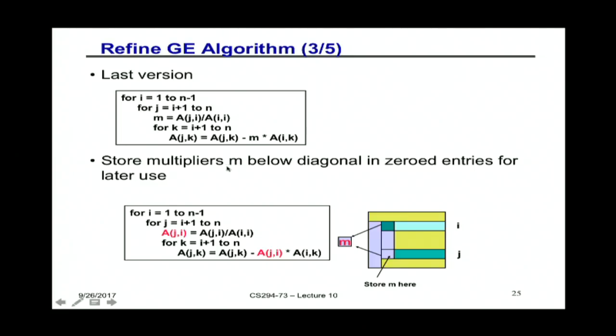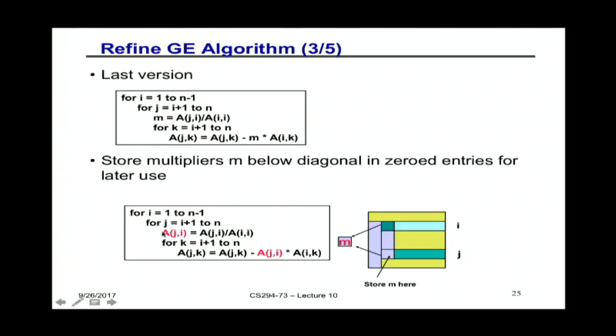So remember, this m is your multiplier. In the end, you need this to solve the linear system, to do the triangular solve. Since the storage is already there, matrix A is already there, and the lower part is going to be zeroed, you can use this lower part to store your multipliers. So that's what's happening. This m is actually stored in the lower part.